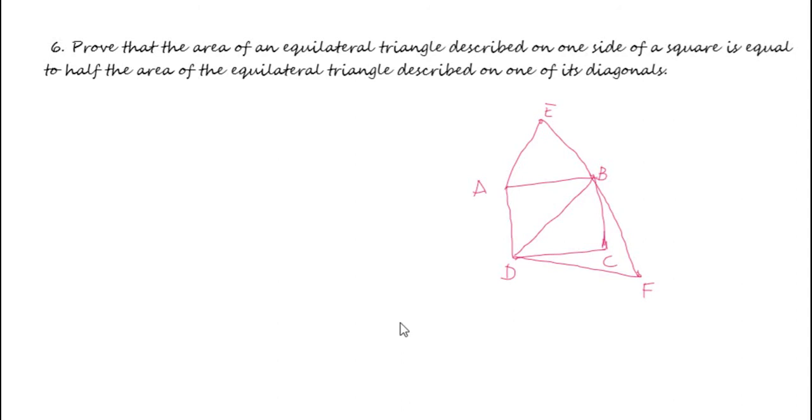Last exercise. Prove that area of an equilateral triangle described on one side of the square is equal to half the area of the equilateral triangle described on one of its diagonals.